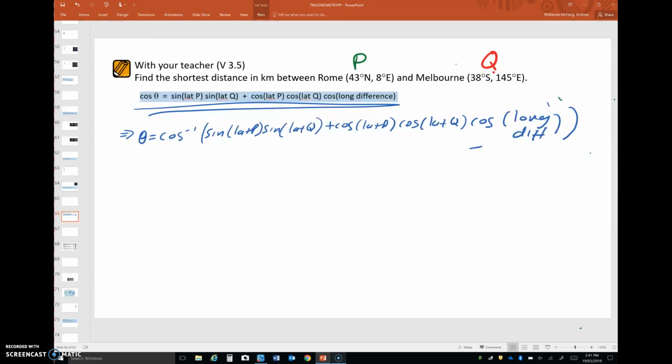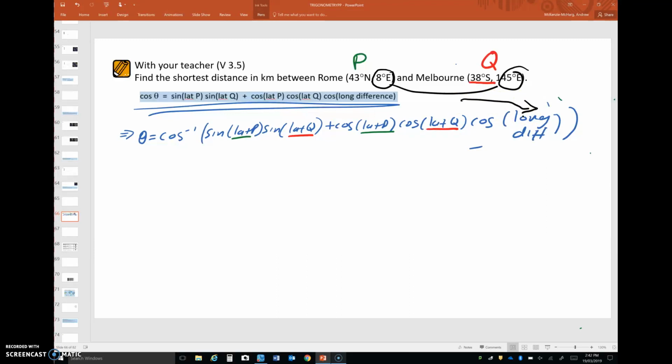And the latitude at Melbourne, of course, is 38 degrees south, so that's going to go in these two spots. And the latitude at Rome is 43 north, so that's going to go here and here. The longitudinal difference, we work that out from the difference in longitudes for the two places. So that's going to go there. We'll work that out in a moment.